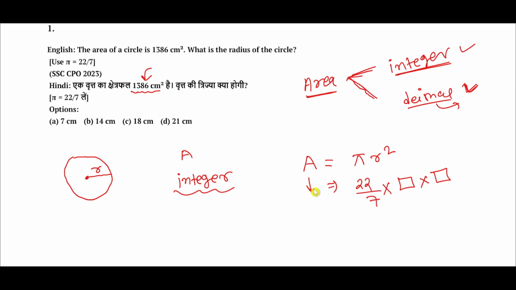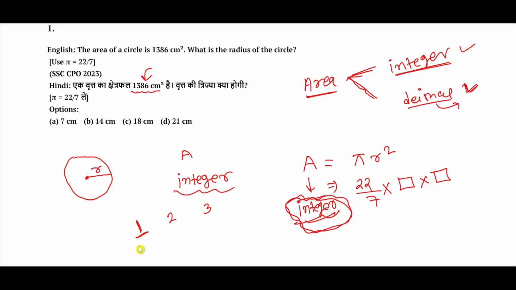This area, this value is an integer. When is it possible that the area I want to know comes as an integer value? Integer value means that it is not written in fraction form. Like 1 is an integer, 2 is an integer, 3 is an integer, which have only the numerator part.